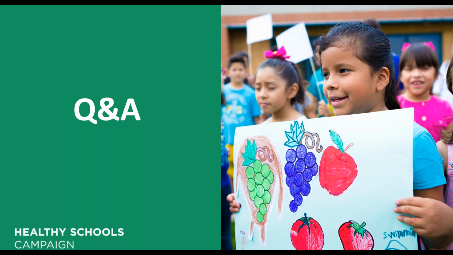The answer is, it really depends on your state. The formulas both for how much the federal government reimburses states for every dollar the state spends, that varies by state, and then in turn, the amount that the state passes down to LEAs to reinvest in the LEAs themselves varies by state.